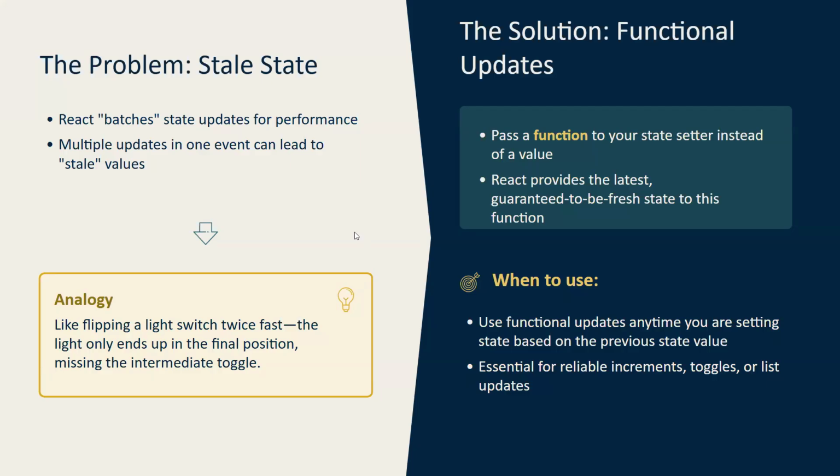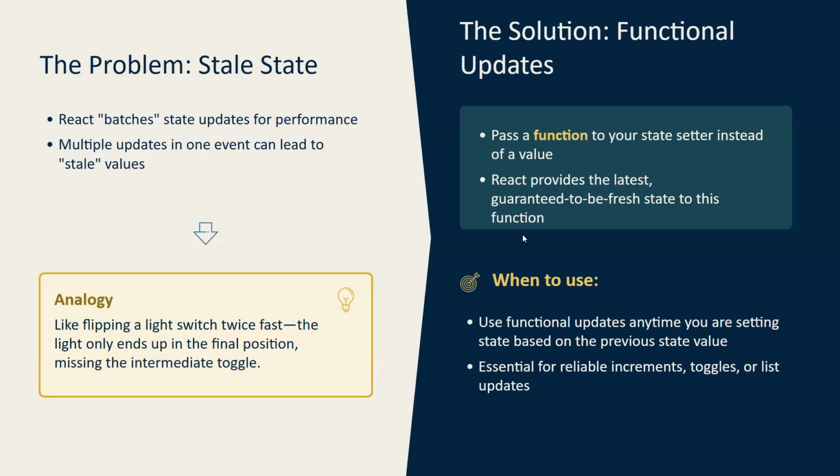For example, if we try to increase the counter by calling setCount(count + 1) twice, we might expect the count to go up by two. But both updates may use the same old value of count, so the result ends up increasing by one. It's kind of like flipping a light switch fast. The light only ends up in a final position, missing the intermediate toggle.